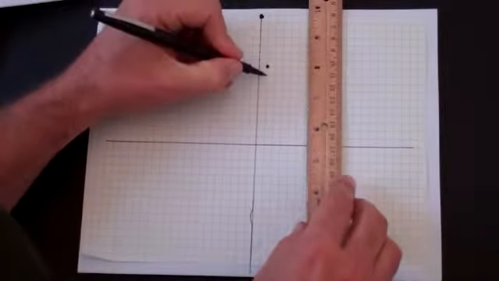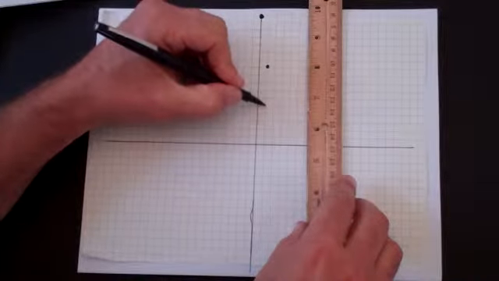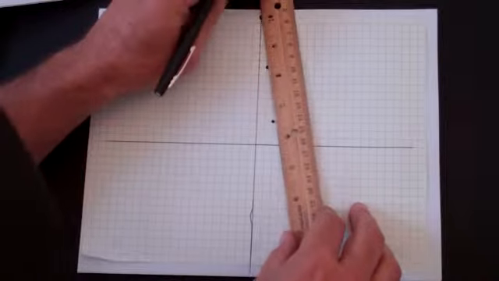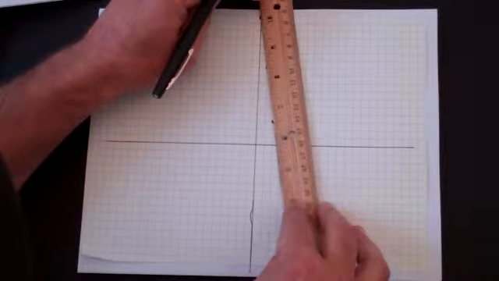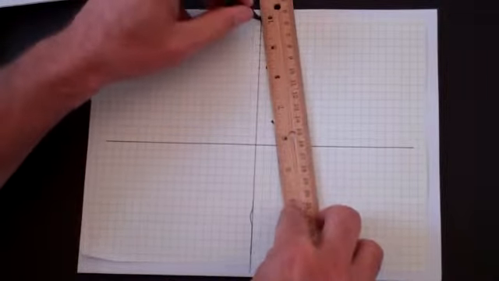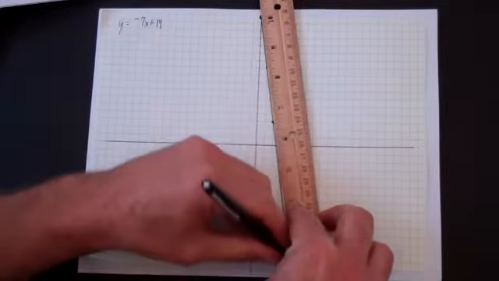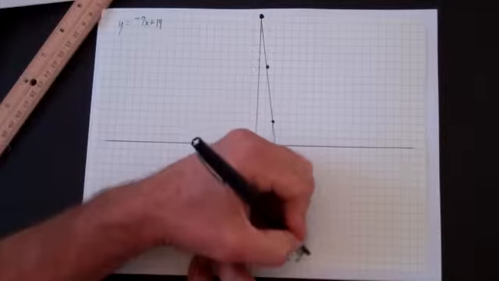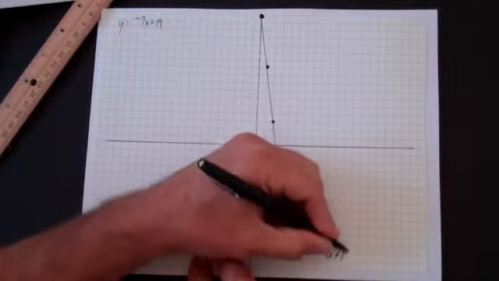And I'm going to do that again. Now you don't need to draw more than 2 points. I'm just trying to get a little better sense of what the line looks like. There's my first graph, y is equal to minus 7x minus 17.